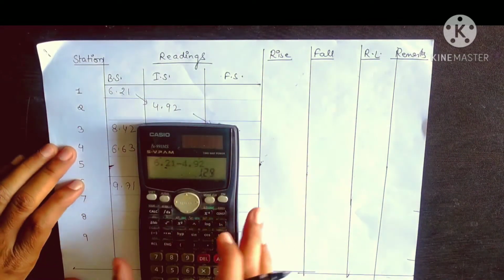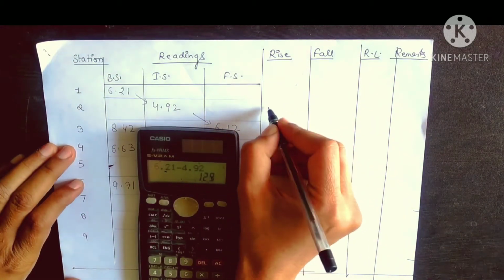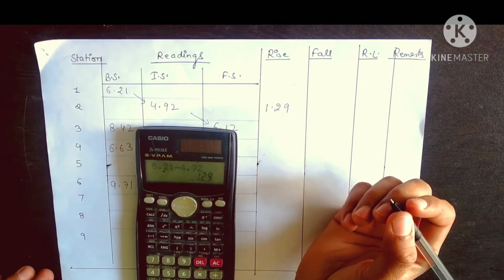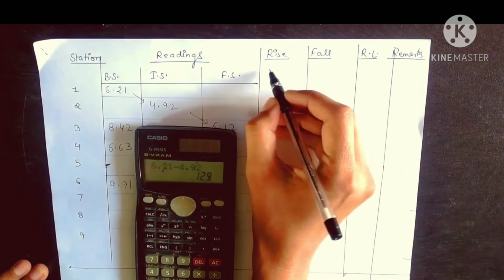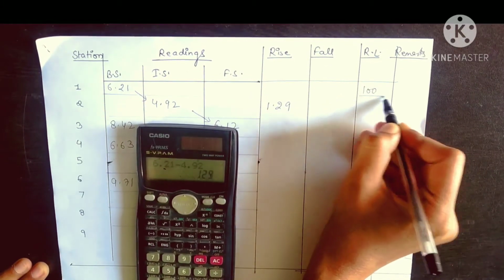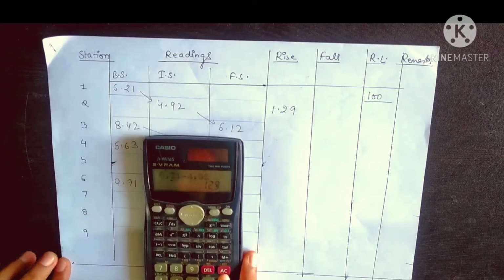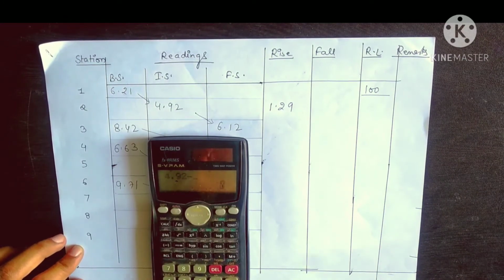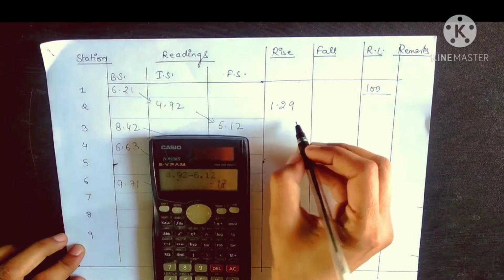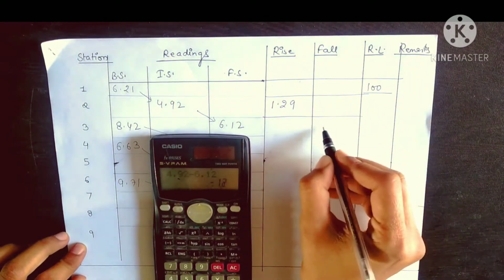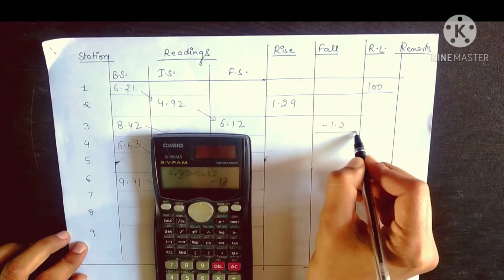Like 6.21 minus 4.92 gives us positive reading, that is 1.29. The RL of first station is given as 100 units. After that 4.92 minus 6.12 will give us minus reading, that is of fall category, minus 1.2.